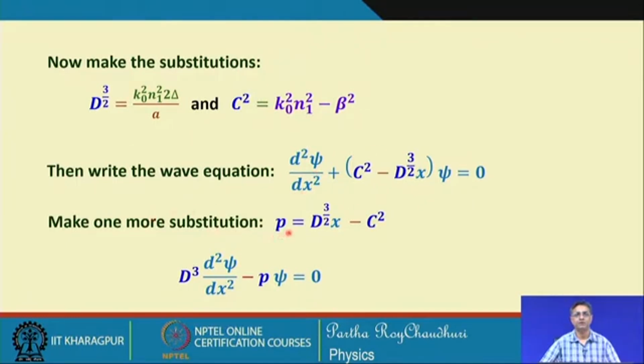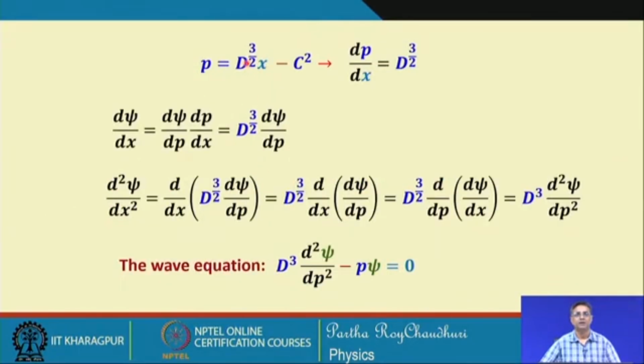Now, one more substitution, because d and c, these quantities can be represented by one parameter p. So, this gives you this very reduced form of the wave equation. Right now, because you have changed the variable, you also have to change the differential equation in terms of this p.